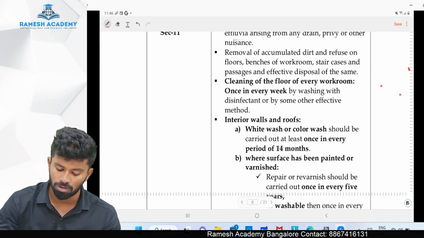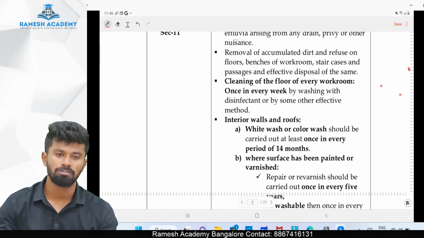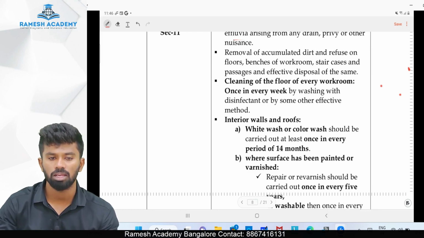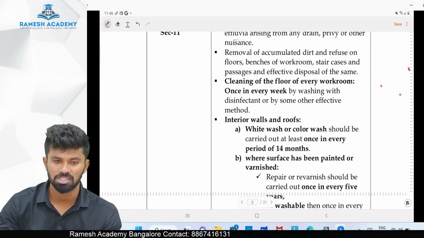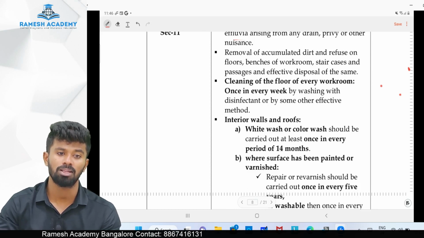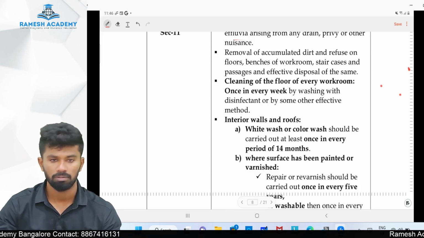Cleaning of the floor of every workroom once in a week. This is important. The floor of the factory shall be cleaned once in every week by washing with disinfectant or by some other effective method. So washing of the floor is compulsory once in a week.